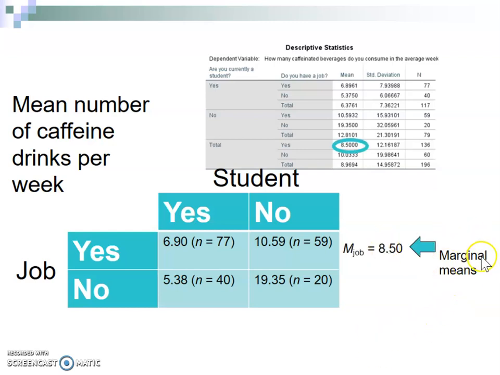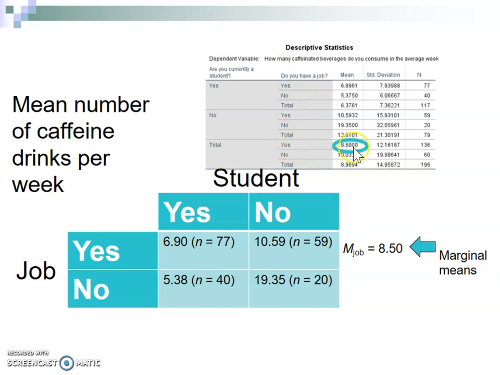So again, the marginal means are in the margins. They're outside of this table. So this marginal mean represents the mean for all these people combined that said, yes, I have a job. And we can find that in our SPSS output here. This one's a little less obvious to find, but you'll see down here, this is the total. It's basically ignoring whether people are students or not, but it tells you that below this, yes, I have a job, it's the total combining all of the students and non-students.